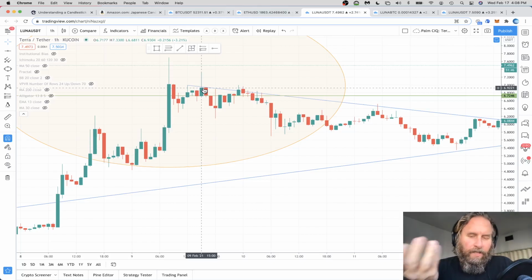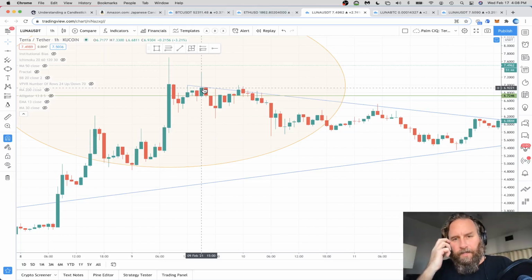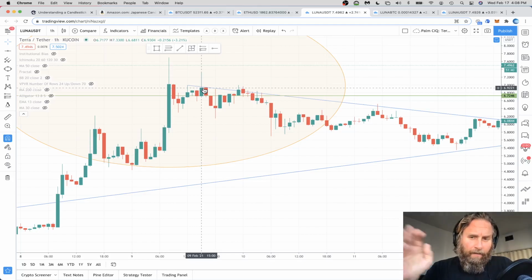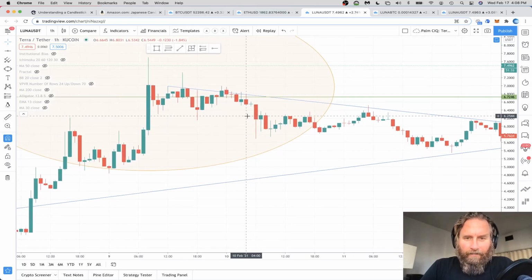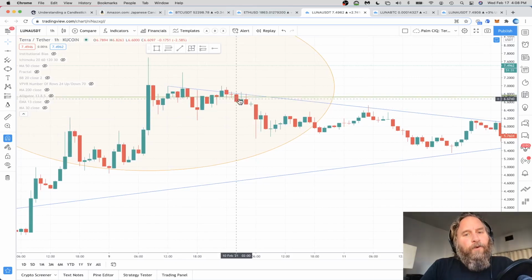Okay, now hindsight's 20/20, and I wasn't exactly looking at this at the time because Luna had gone up so much. I was like, I don't care if it gives back a buck or two. There's a lot of profits here. So anyway, then it did break down, right? So it broke down here.